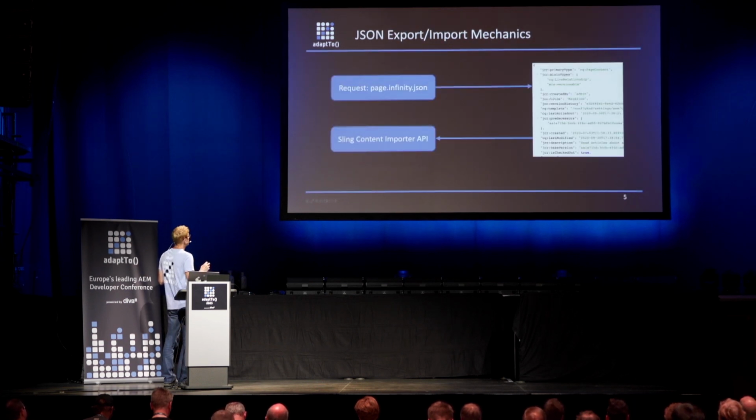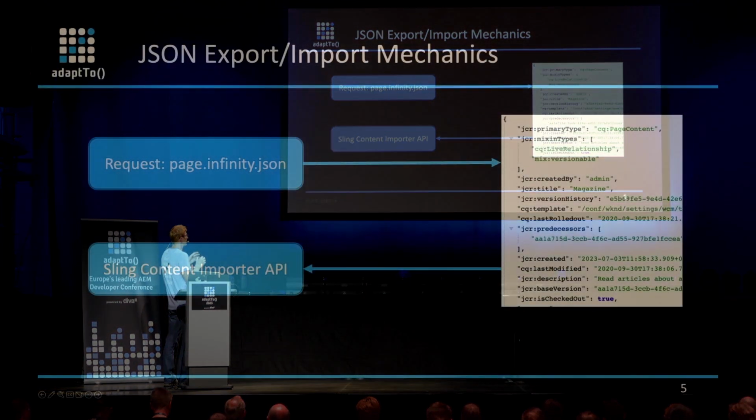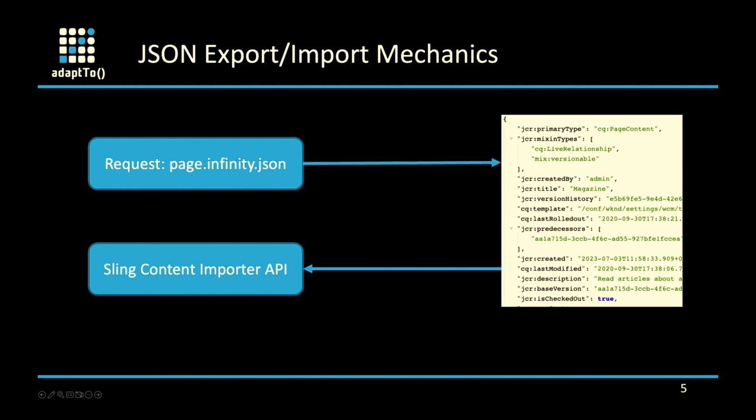Something like this. The idea is not new. If you append infinity.json to a URL, Sling will output the JCR content tree in a JSON format. But on the other hand, the Sling POST servlet can import from this JSON, in theory.